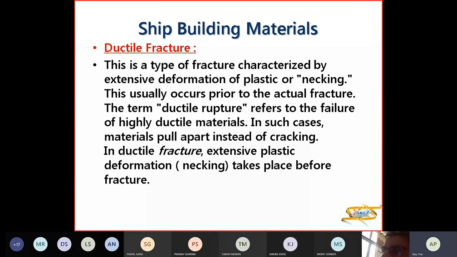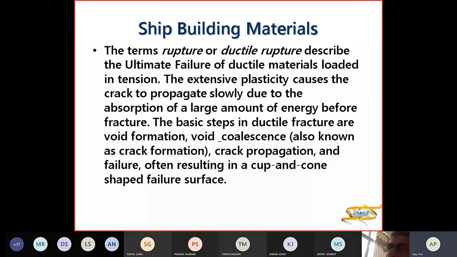So in ductile fracture, an extensive plastic deformation or necking takes place prior to fracture. Your term rupture or ductile rupture describes the ultimate failure of ductile material loaded in tension. So its extensive plasticity causes a crack to propagate slowly due to absorption of a large amount of energy prior to fracture.